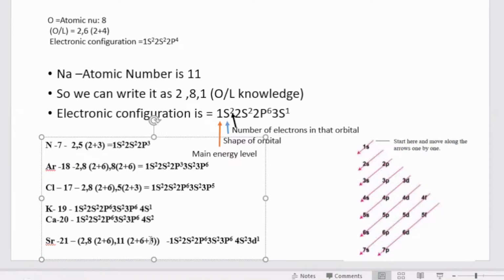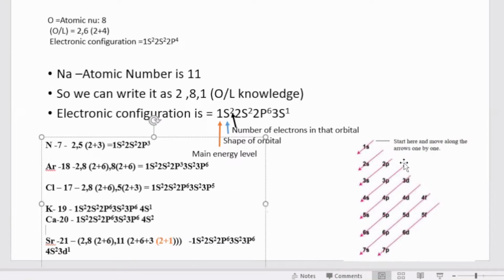This can be divided into 2 again, 2 plus 1. This also divides into 2 subshells.